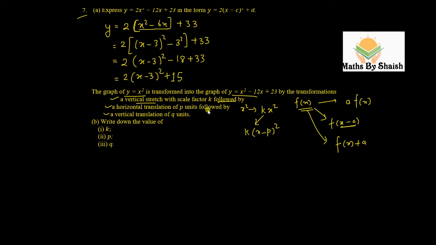Then the last one is vertical translation by q units, so it would be k times x minus p whole squared plus q, and this is the new y. We know from the first part this can be written as 2 times x minus 3 whole squared plus 15, and hence k becomes 2, p becomes 3 and q becomes 15. I hope it is clear.